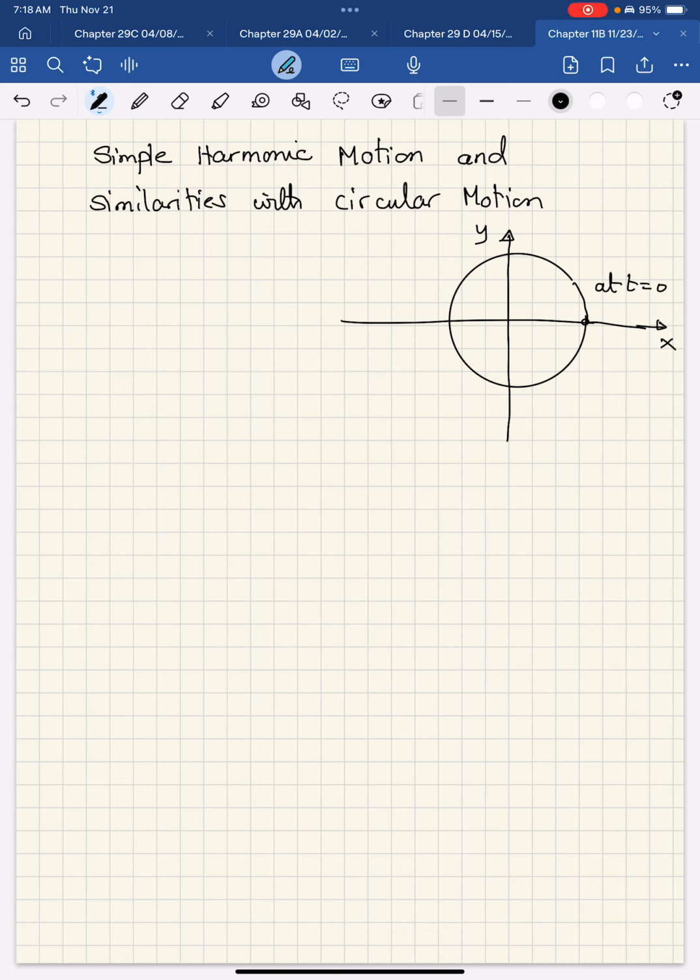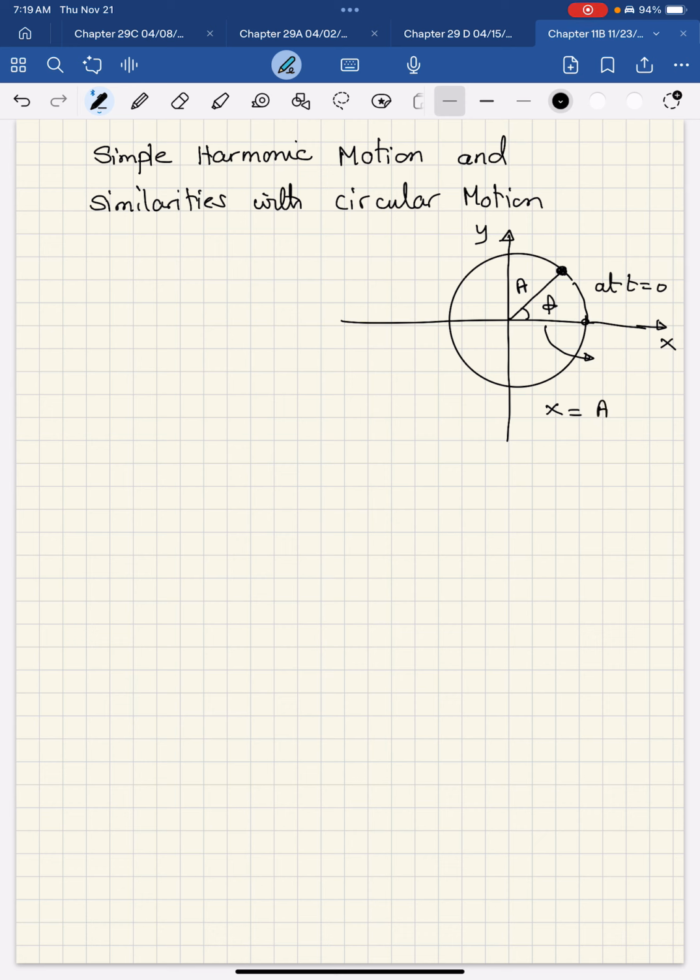My object was here, and then it moved to here, and this length is the amplitude A. This angle, we're going to call it phi. Then this piece here is x at any moment.